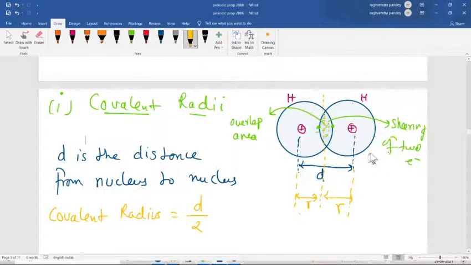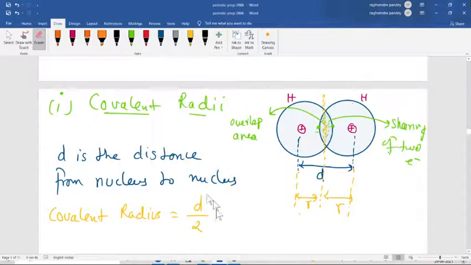Now you see here, because it is overlapping, it is not the exact radius. The exact radius, if we measure, would be like this. That is the exact radius. But the problem is that some part of it is gone in this overlapping, so it is not the exact radius.